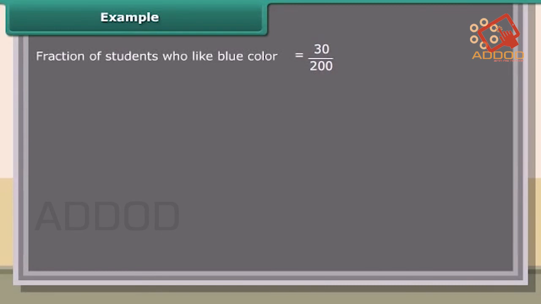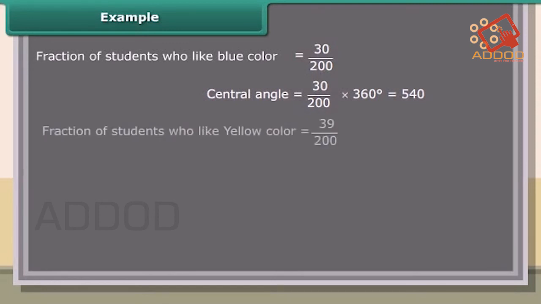Fraction of students who like blue color is equal to 30 upon 200. Central angle is equal to 30 upon 200 times 360 degrees, which is equal to 54 degrees. Fraction of students who like yellow color is equal to 39 upon 200.